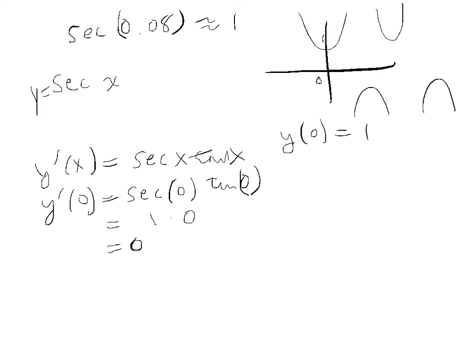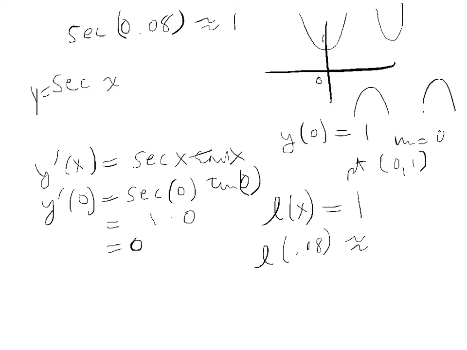So in other words, the linear approximation would have a slope of 0, and anything with a slope of 0 is a horizontal line, so it would be equal to 1, because the point that it goes through is (0, 1). There's the point. With a slope of 0, it would have this equation, so L of 0.08 would be approximately 1. Excellent.